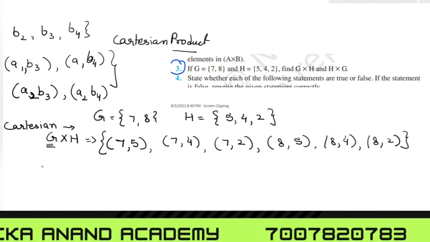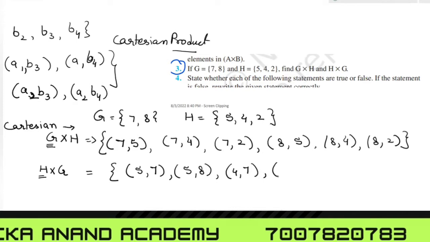And if we have to find H cross G, now 5, 7, then 5, 8, then 4, 7. You can see the order is changed. 4, 8, then 2, 7, then 2, 8.